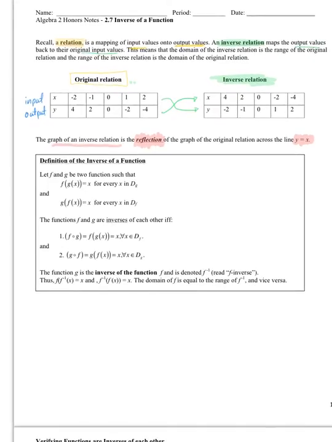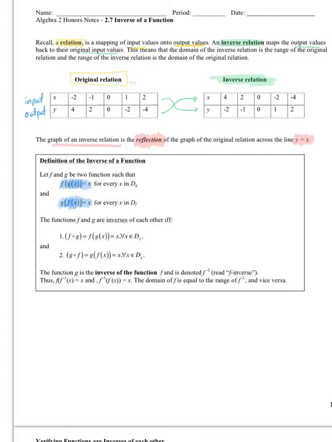So the definition: if f and g are two functions, such that if we take the composition f composed with g, and we take the composition g composed with f, so we're taking the composition in both directions, that both of those will equal x for every x in the domain of g and in the domain of f.